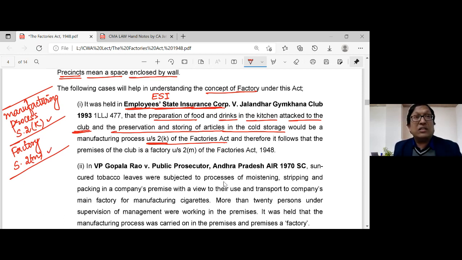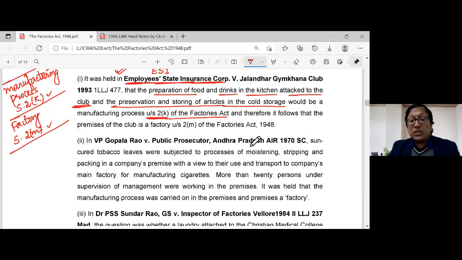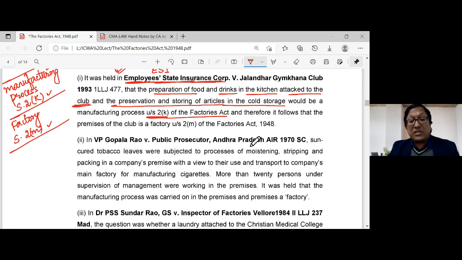So till now you need to learn only two sections from this Factories Act 1948, and very few case laws like this one: Employee State Insurance Corporation versus Jalandhar Gymkhana Club. If food items are being prepared or drinks are being served in the kitchen attached to a club, and the food items are being preserved in the cold storage within that club, does it amount to manufacturing activity or not?